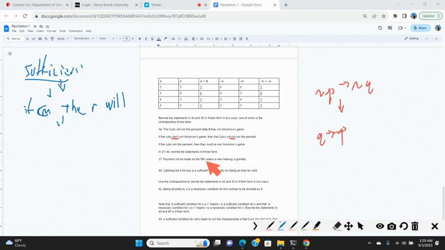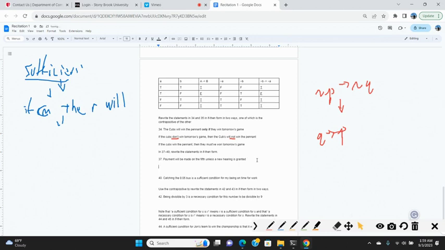Or we can also say that if a new hearing is not granted, then payment will be made on the 5th. So the answer for this one would be: if a new hearing is not granted, then payment will be made on the 5th.